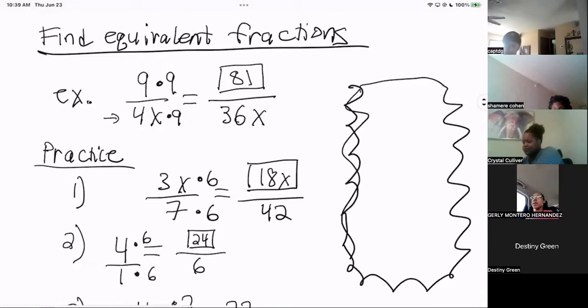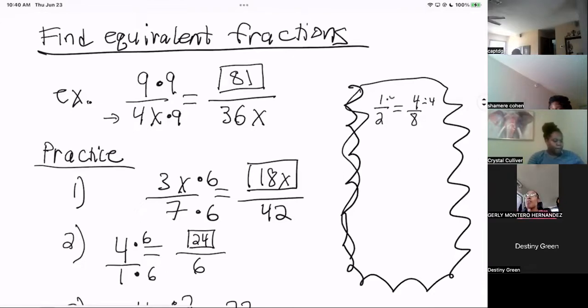So let's say, what do I want to say? 1/2 is equal to 4/8, right? How would I know if that's right? Well, I could go backwards and divide by 4. I multiplied by 4 to get that, right?